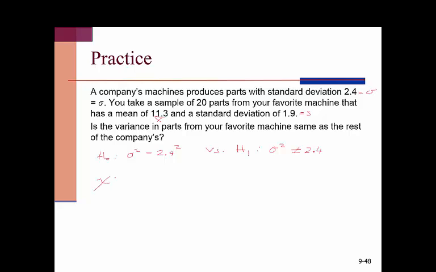Okay, and then we compute the chi-squared statistic, right? That's n minus 1 times s squared divided by the hypothesized variance, right? So we have n minus 1 is 19, times s squared, which is 1.9 squared, divided by our hypothesized variance, which is 2.4 squared.